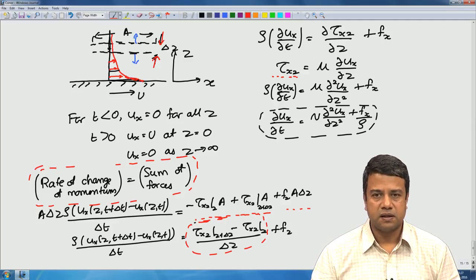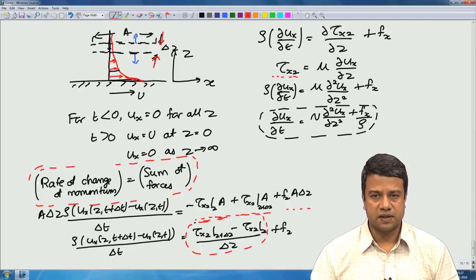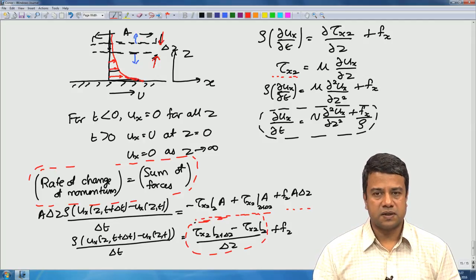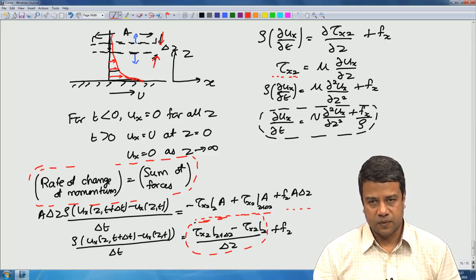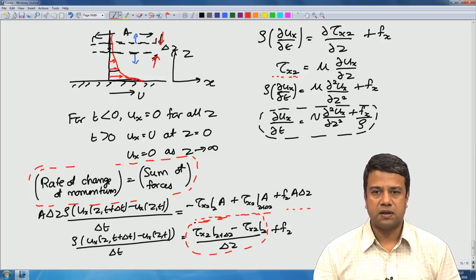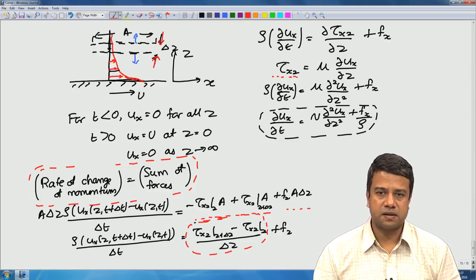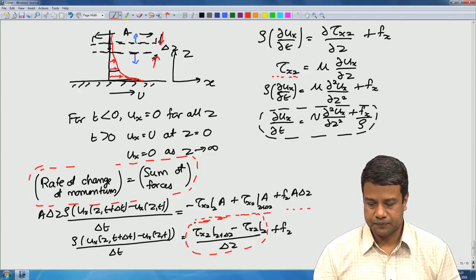In other words, the z coordinate is the direction perpendicular to the surface across which the transport is taking place. So, the stress will have two indices. The first one, the direction of the momentum. The second one, the direction in which the transport is taking place, or the direction perpendicular to the surface across which the transport is taking place.